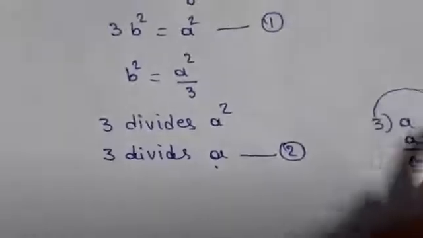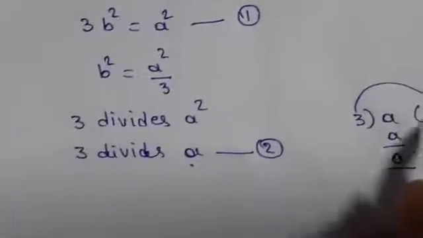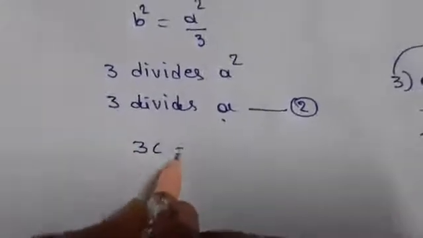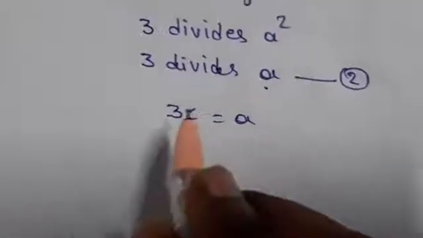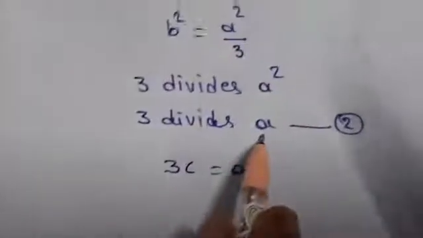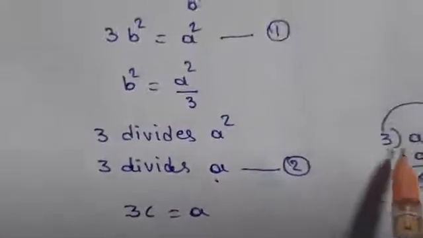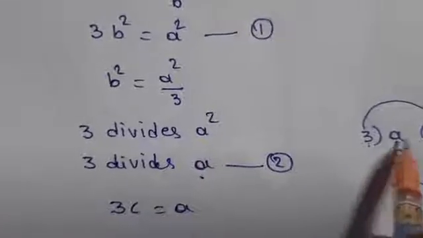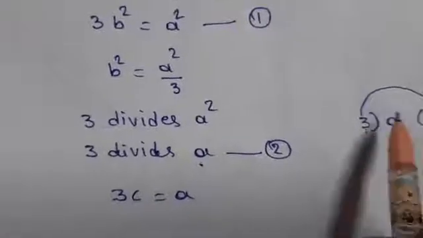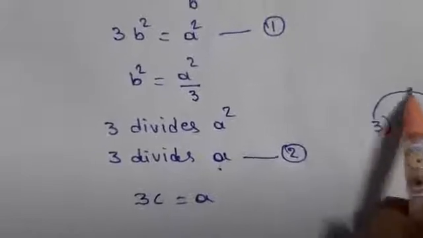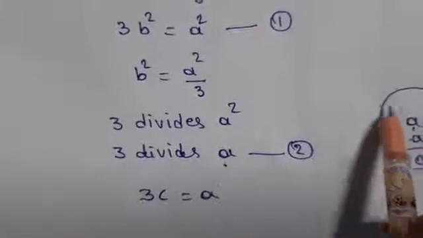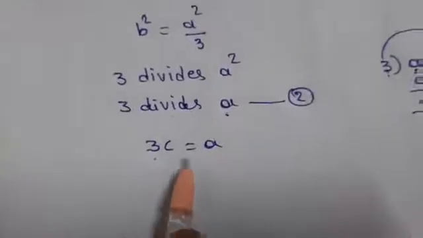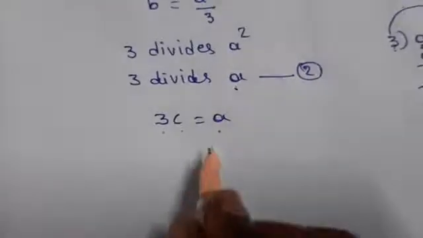Here 3c equal to a. So again I will tell, here 3 divides a, that is 3 exactly divides a, which means 3 cancelling a, c times. So multiplying these two, we get the dividend, that is 3 into c equal to a.